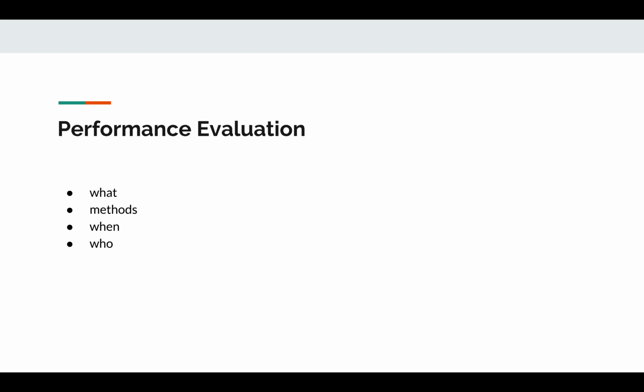And the organization should also determine when the monitoring and measuring shall be performed, or when the results from monitoring and measurement shall be analyzed and evaluated. Also, they need to determine who shall monitor and measure, and who shall analyze and evaluate these results.